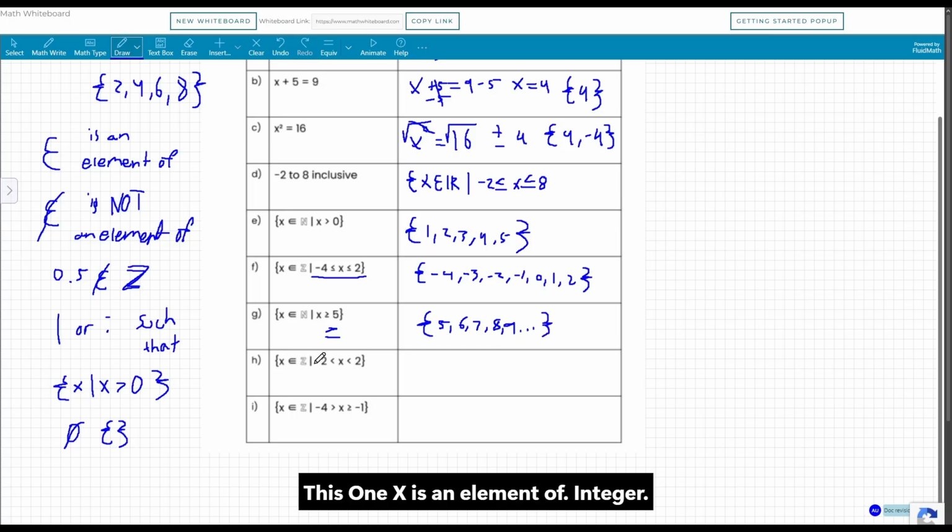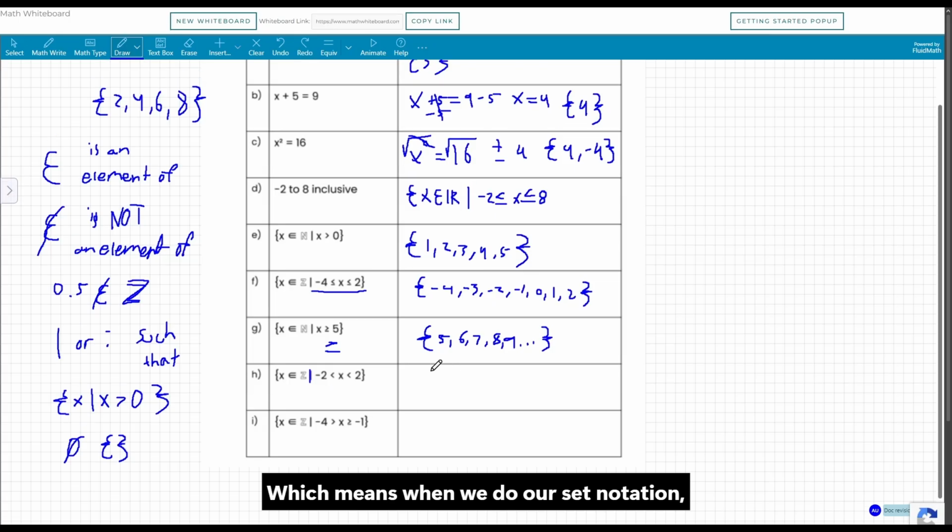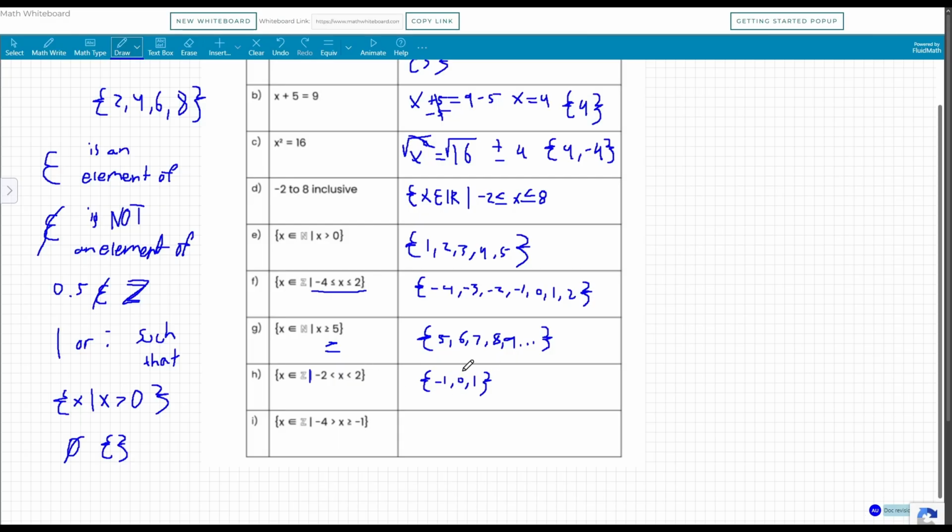This one, x is an element of integer, so it can be any integer, but x must be greater than negative 2 and less than 2. Since there's no line under it, that means it cannot be equal to that, which means when we do our set notation, we'll skip negative 2, go straight to negative 1, 0, and 1, because it cannot be 2 either.